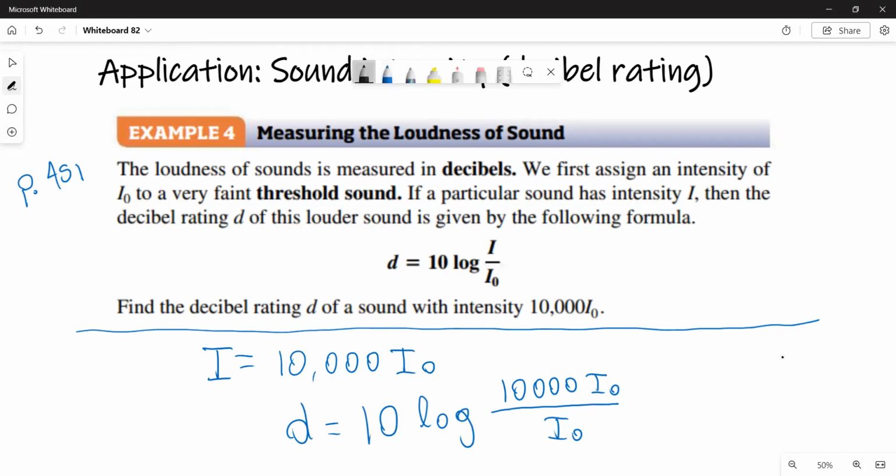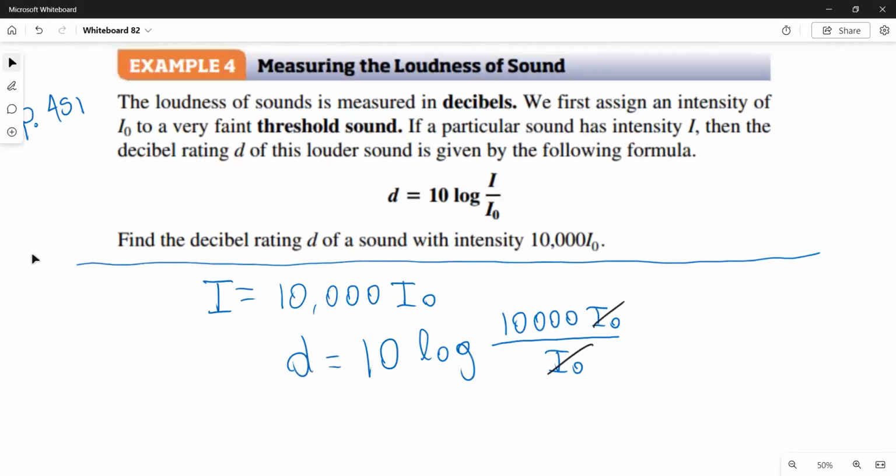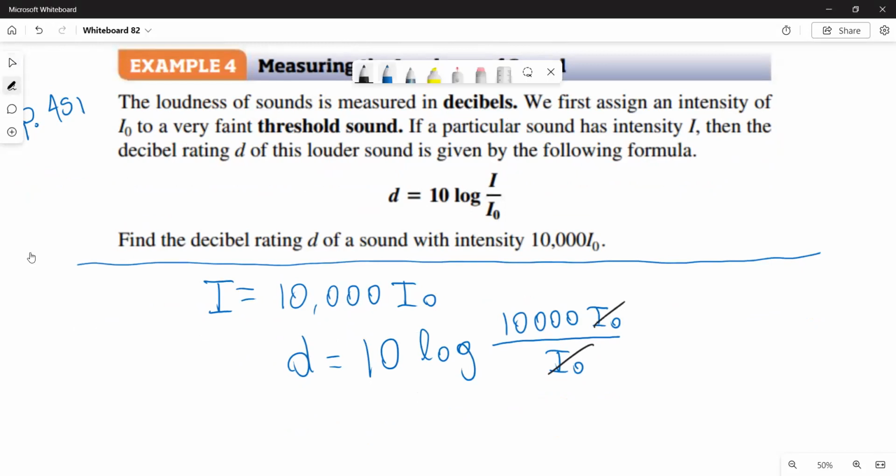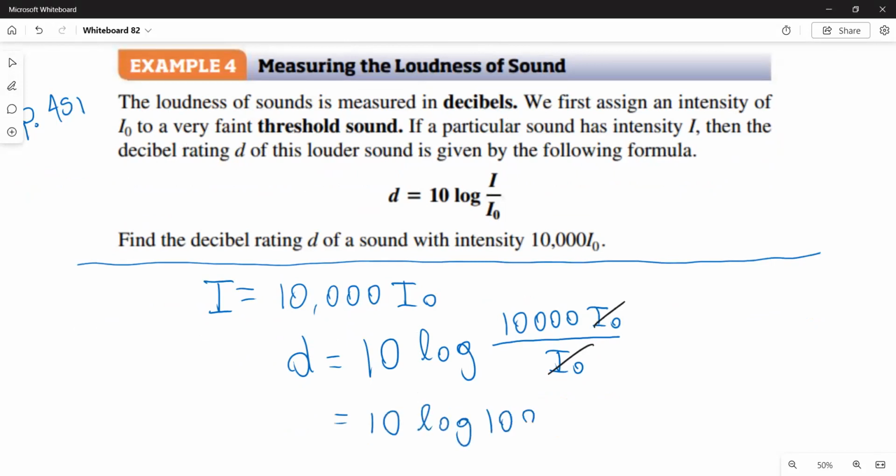These two can cancel out. And it's 10 times log of 10,000. And 10,000 is 10 to the 4th.